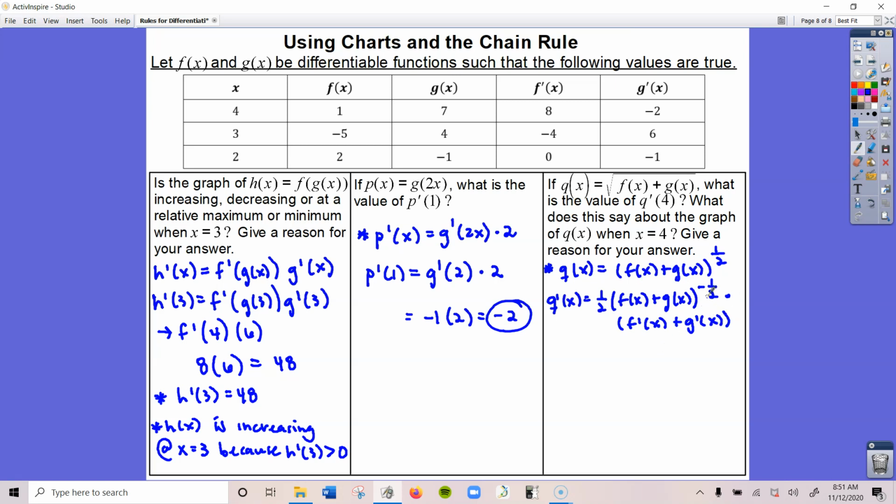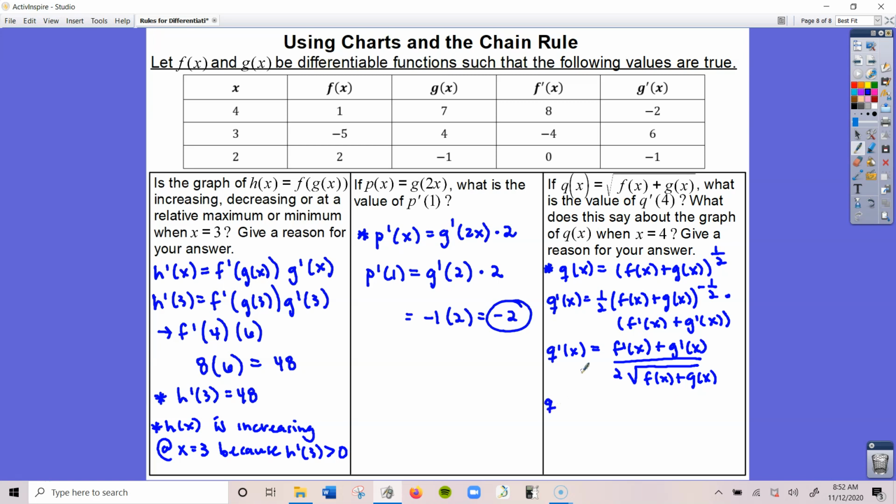I can rewrite this so it's a little bit easier to work with. Since this is a negative exponent, we're going to move that to the denominator along with the 2, and everything else stays in the numerator. So q prime of x is equal to f prime of x plus g prime of x all over 2 times the square root, since it is raised to the 1/2, of f of x plus g of x.